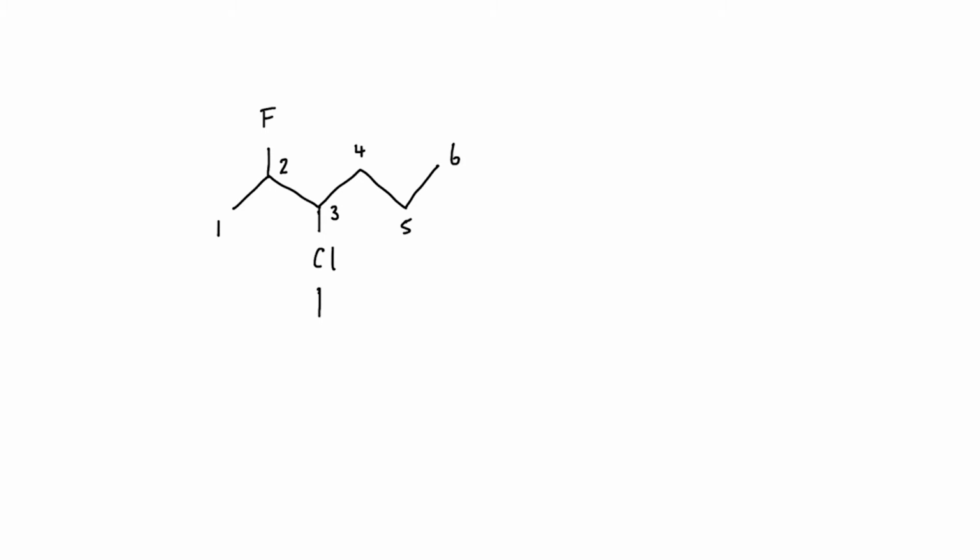However, C comes before F in the alphabet, so this would be 3-chloro-2-fluorohexane, and there are 6 carbons, hexane. So alphabetically, not numerically, we've given the lowest possible numbers.